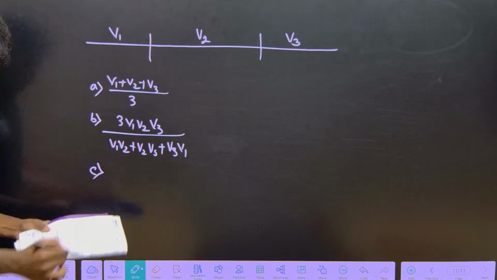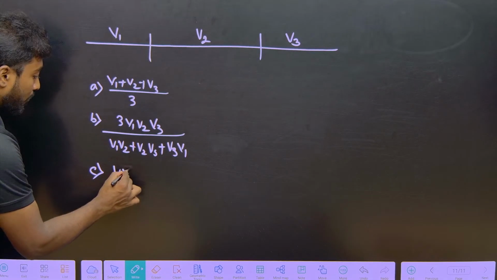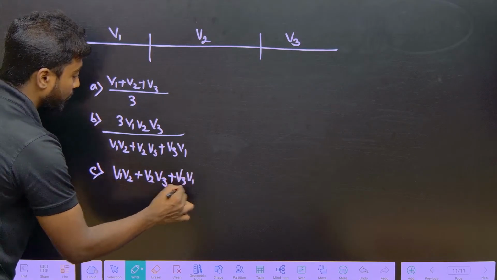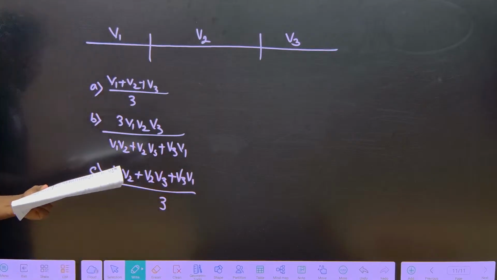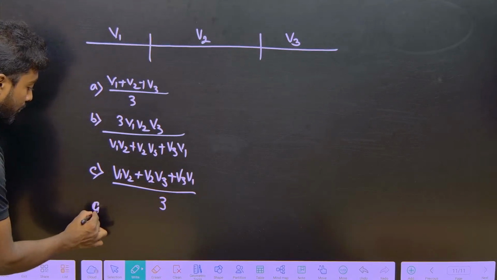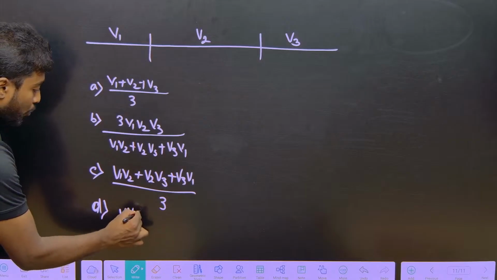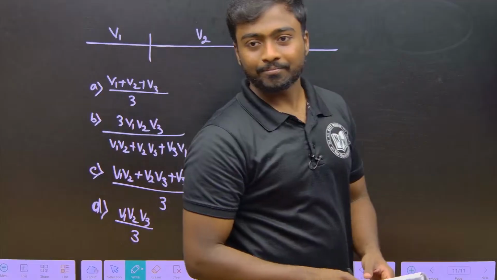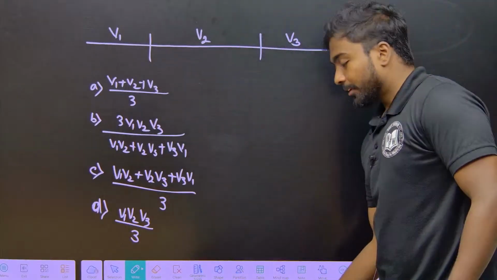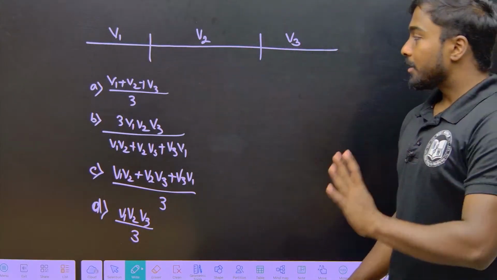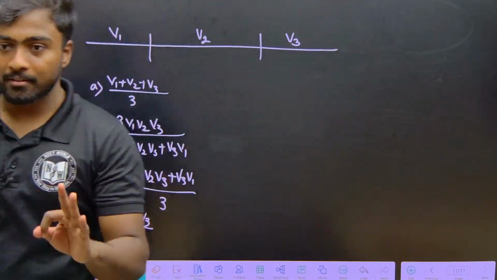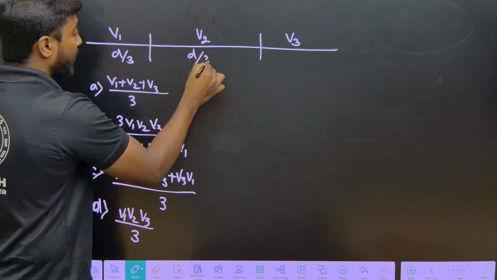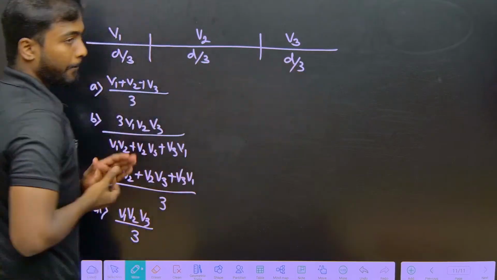Option C is v1 v2 plus v2 v3 plus v3 v1 by 3, and option D is v1 v2 v3 by 3. Can you find the average velocity? Here the total distance has been divided into 3 equal parts. It means d by 3, d by 3, d by 3.